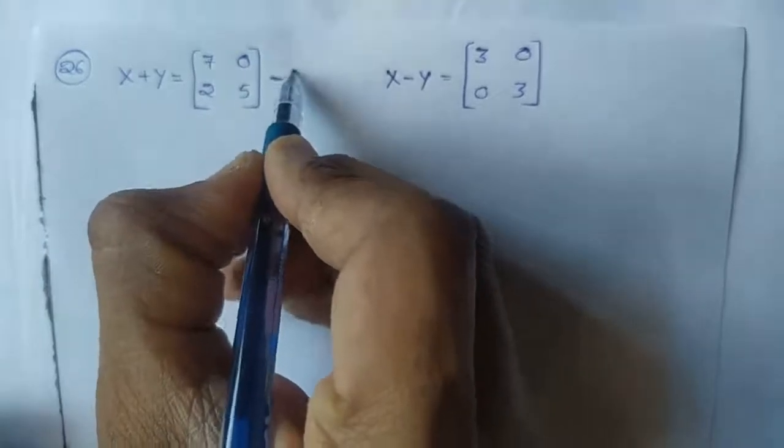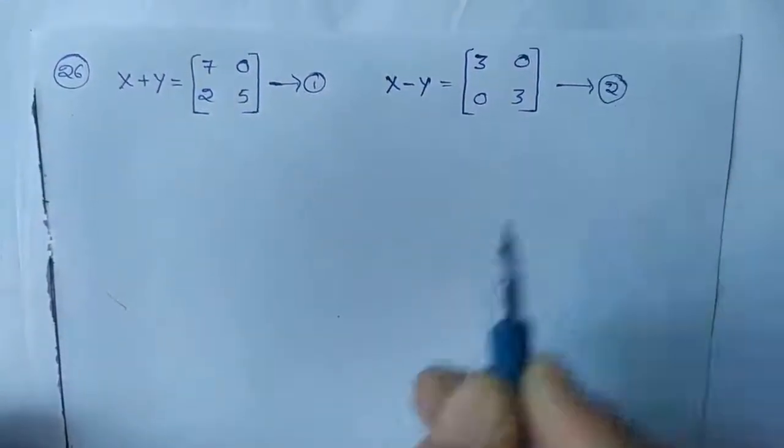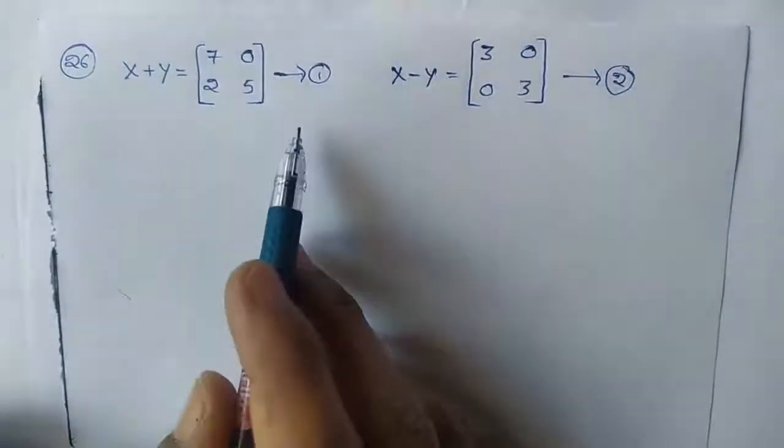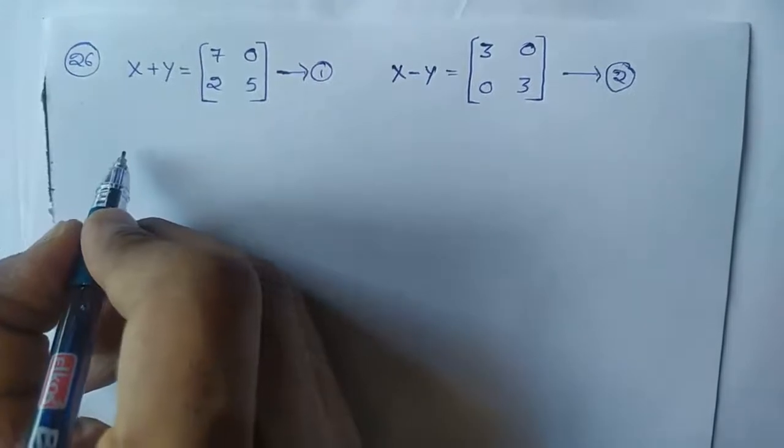Let us call this equation 1 and this equation 2. If we add these two equations, we will get the matrix x.